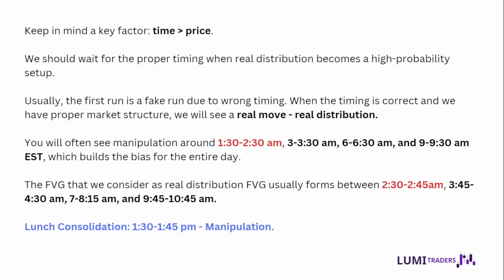I also call this early fair value gap, so early possible real distribution. Then 3:45, 4:30, after we got manipulation between 3 and 3:30. 7, 8:15 a.m. 9:40, 10:40, 9:45, 10:45 a.m. after we got manipulation between 9 and 9:30 a.m. Lunch consolidation usually between 1:30 and 1:45 a.m.